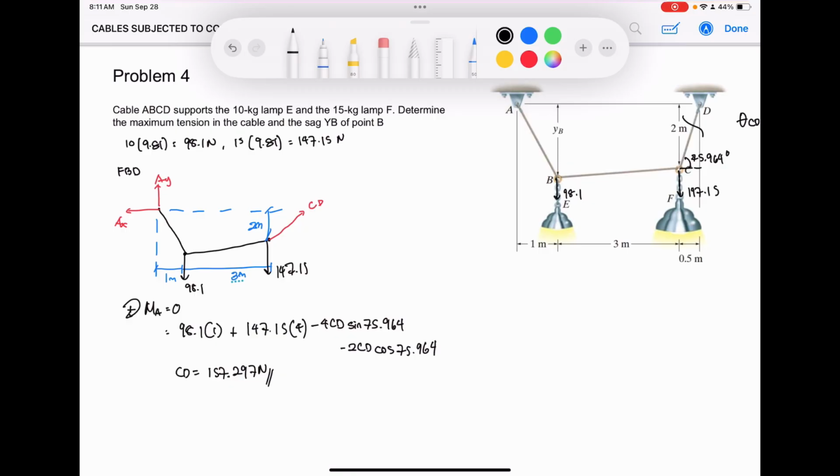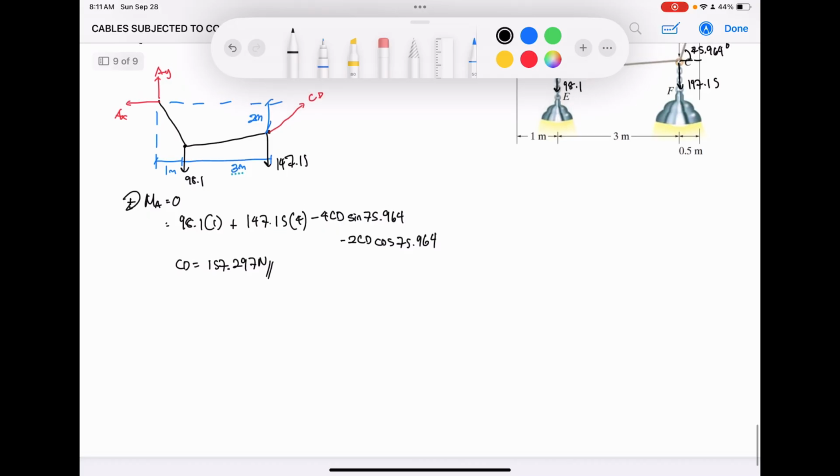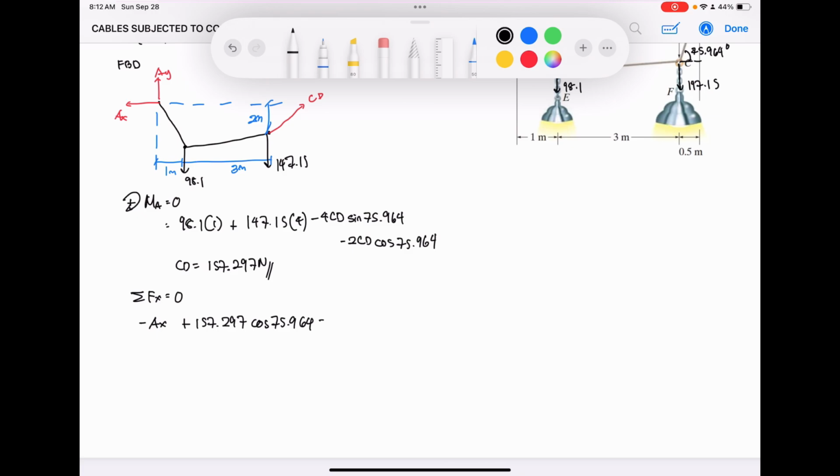Tapos, summation of forces at X equals 0. We have negative AX plus 157.297 cosine 75.964 equals 0. AX is equal to 38.149 Newton. We have summation of forces along Y equals 0.